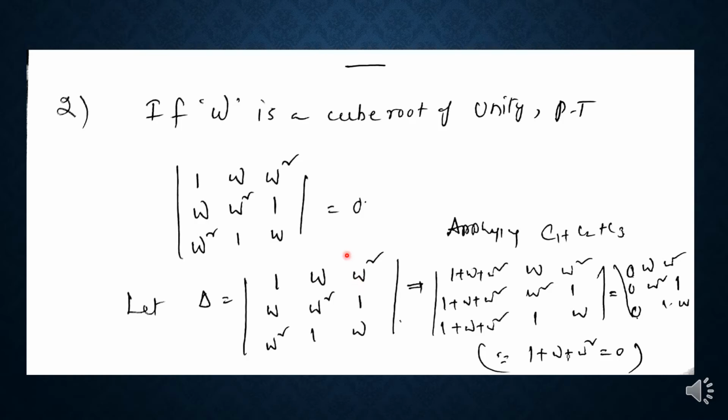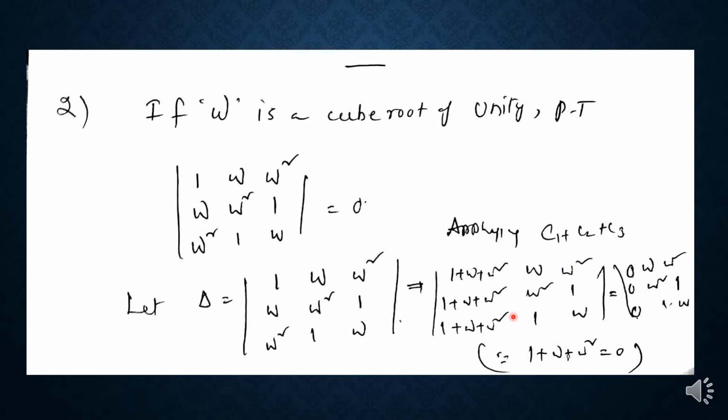So by adding the C1, C2, C3 elements, we get 1 plus omega plus omega square here, here also omega plus omega square plus 1, and omega square plus 1 plus omega. So the first column becomes the sums, and the remaining columns are omega square, 1, omega square, 1, omega.